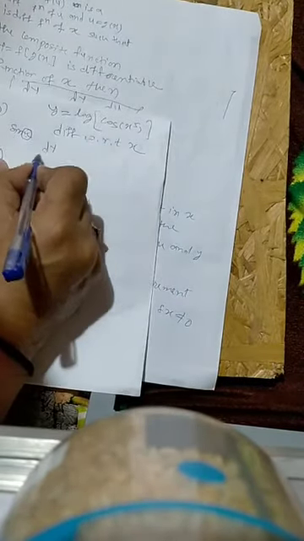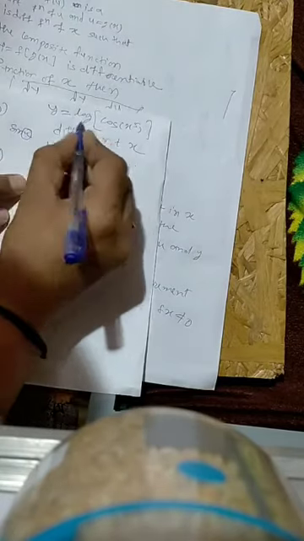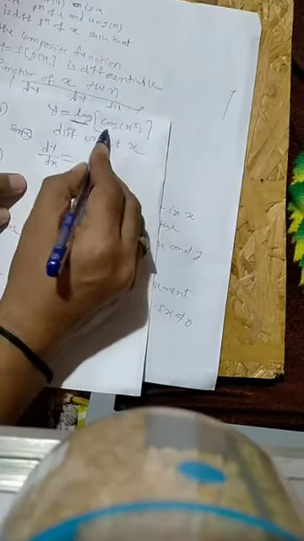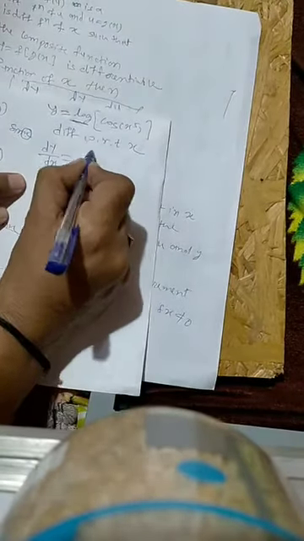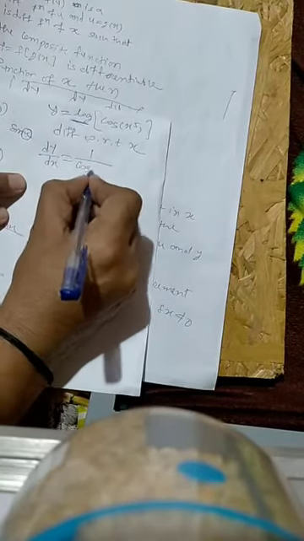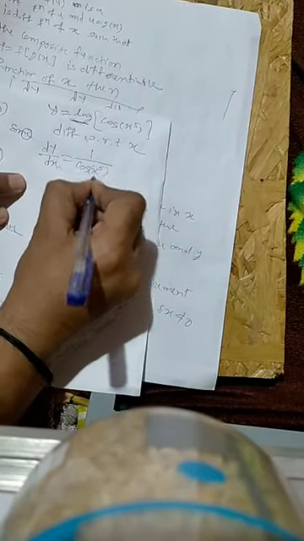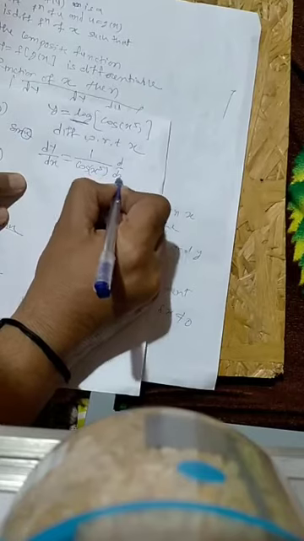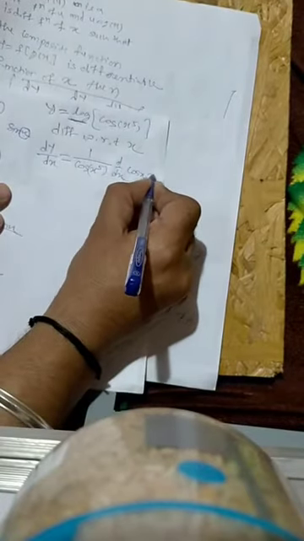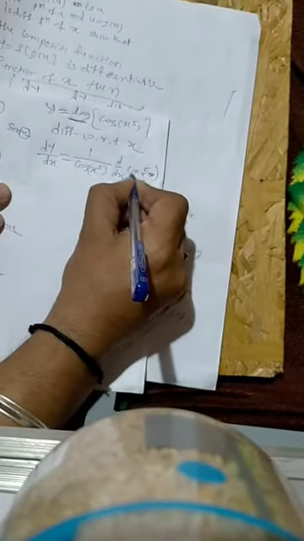So we write dy by dx is equal to, now the derivative of log means 1 divided by something, where the something here is cos of x to the power 5. So here 1 divided by cos of x to the power 5, into the derivative of the term coming instead of x, meaning cos of x to the power 5.